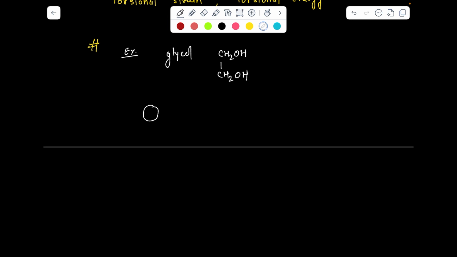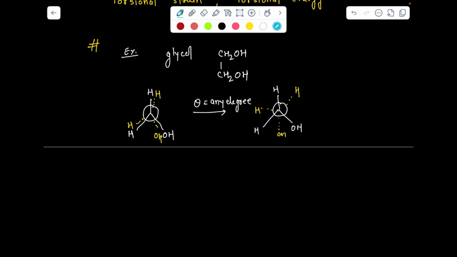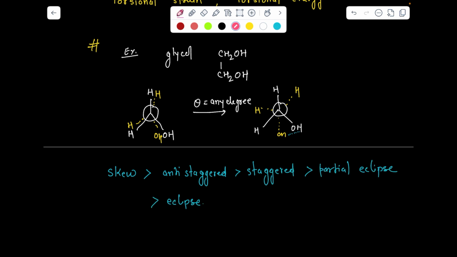If I try to draw the Newman projection of this, with the carbon behind, this is the glycol and it's an eclipse pattern, and if I set theta to any degree apart from 0 or 60 degree, we get hydrogen bonding in that case, and due to the hydrogen bonding, the skew is more stable than the anti-staggered, then staggered, then partial eclipse and eclipse.